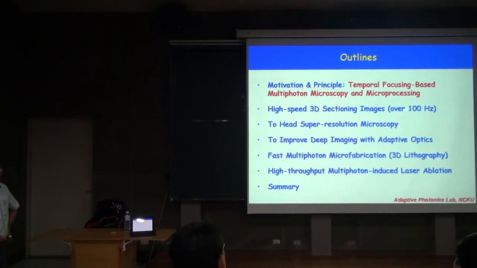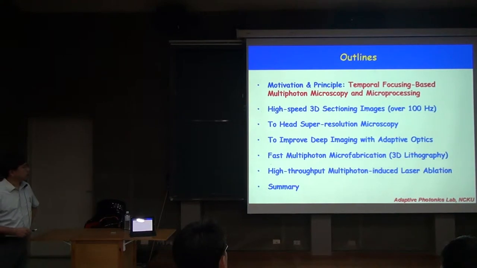And I will show you our current capability: we can get a frame rate of more than 100 frames per second. We also use the nonlinear structured illumination microscope to get higher resolution, and also adaptive optics and lithography and ablation.